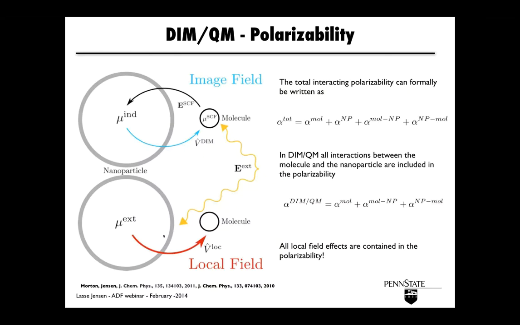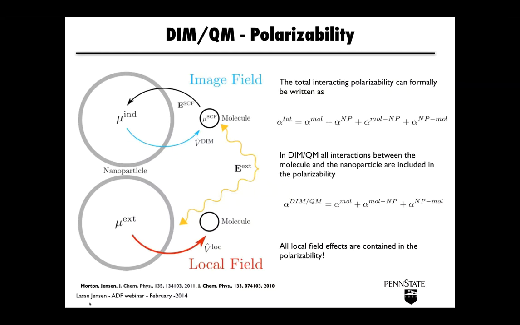The other interaction is a local field, where the external field induces a dipole in the metal nanoparticle, which is this plasmon excitation, and that local field operator will also perturb the molecule in here.